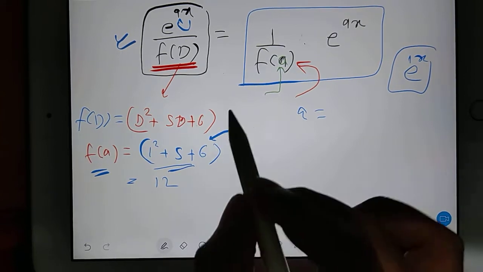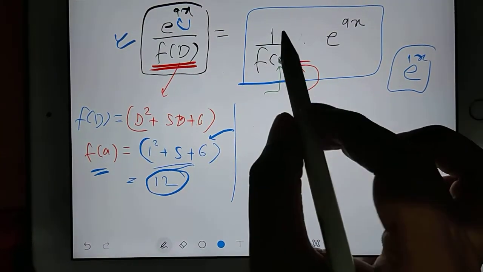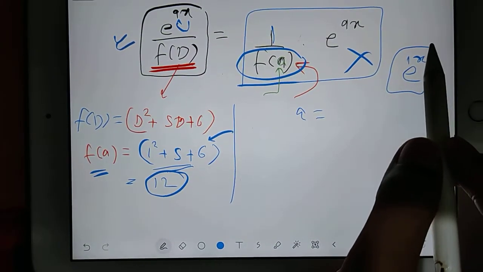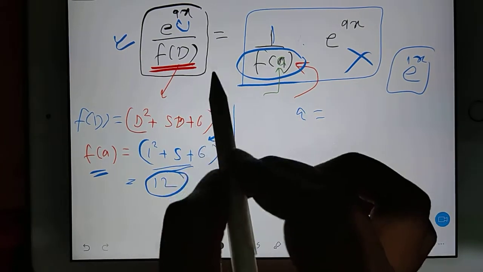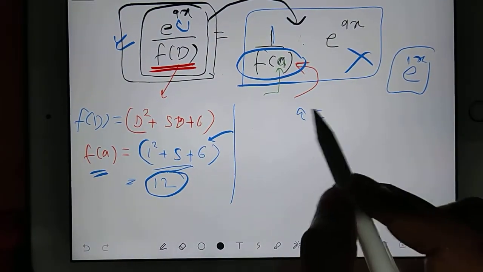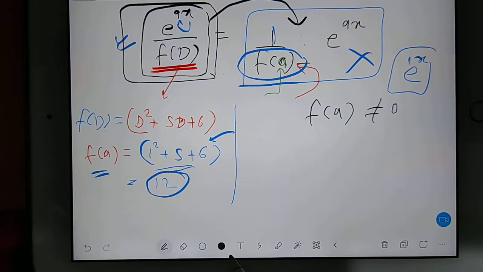Now in this answer, is it 0? No, this is not 0, because if by mistake it is coming 1 by 0, this answer will fail. So whenever you have this situation, your answer will be this much, but the condition is your f(a) should not be equal to 0.